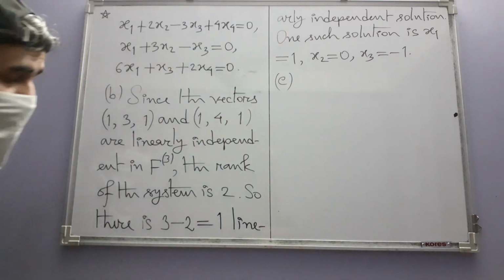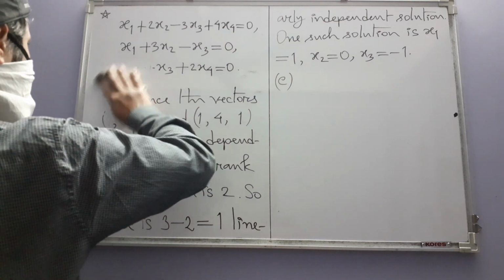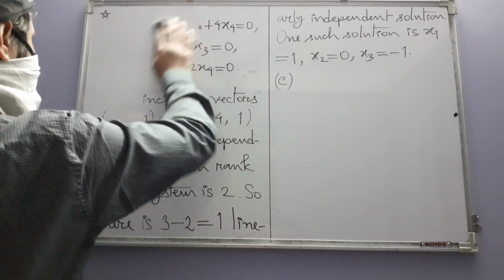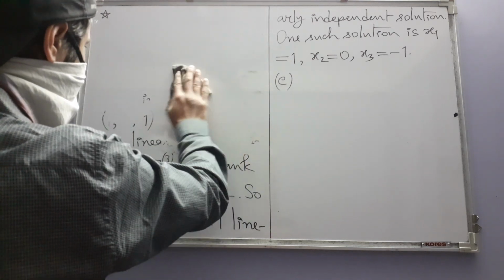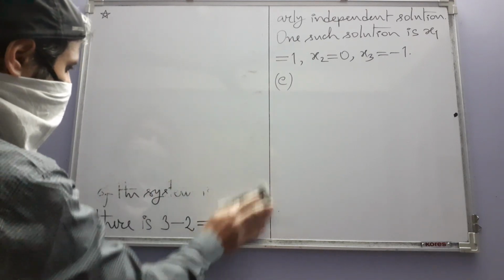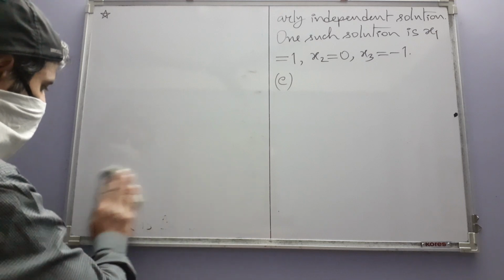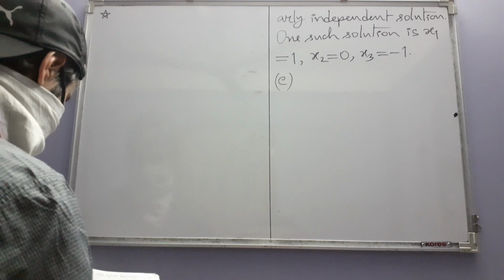But again, I should perhaps write down the equations first, because that way we can see what vectors we have to take. So for part C, these are the equations.